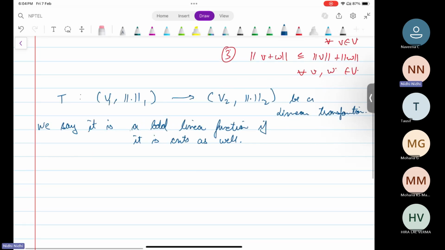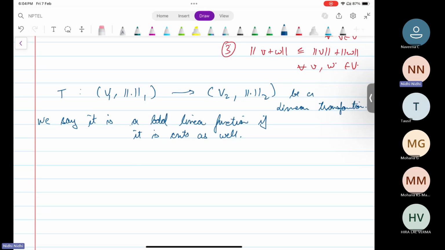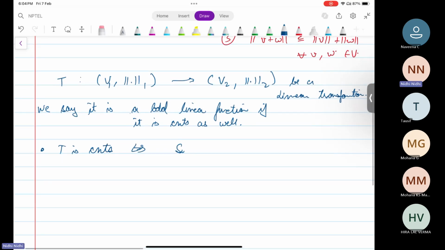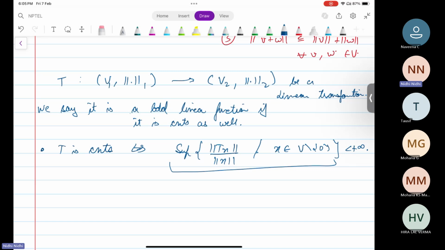Also, we have a result that if T is a linear transformation, then T is continuous if and only if the supremum of norm Tx by norm x for every x in D minus 0 is finite. This basically gives us the norm of T.